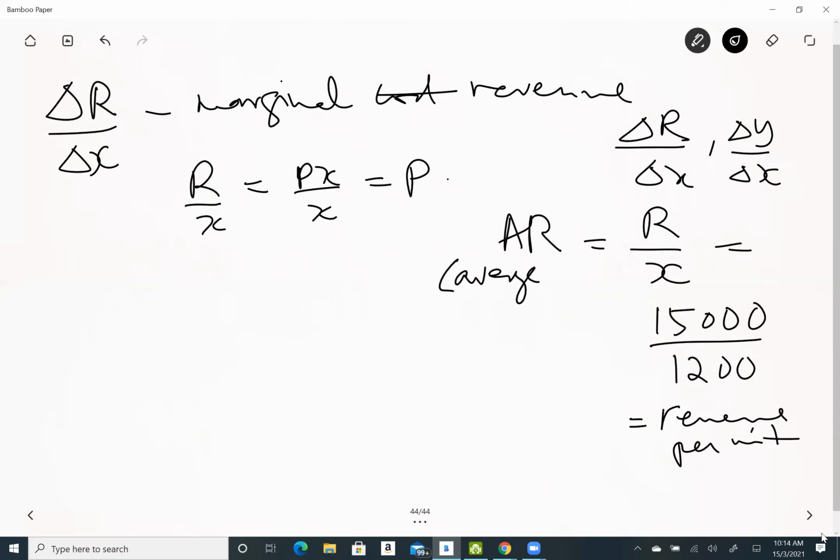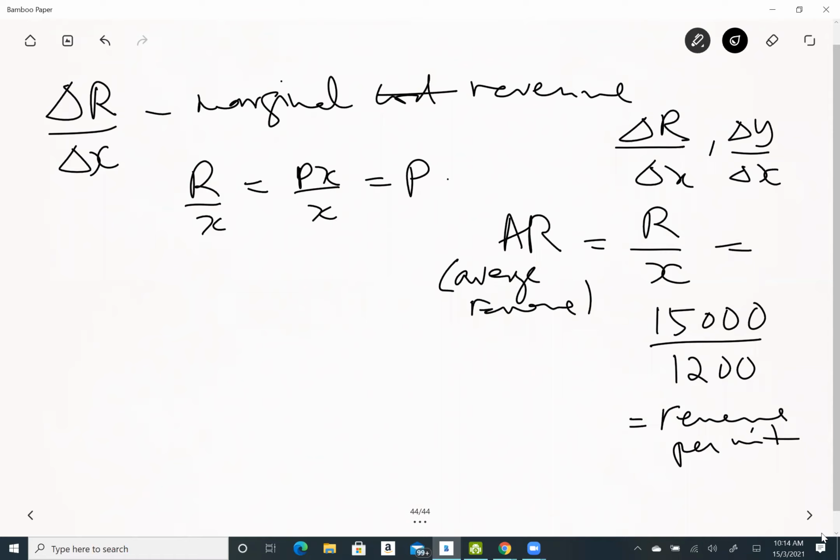Normally in economics, we just name it like that. Like your average CGPA: your total GPA divided by the number of hours that you earn gives you the average GPA. So the total divided by a total of another variable gives you the average. So that is average revenue.